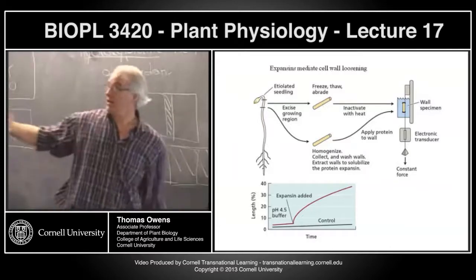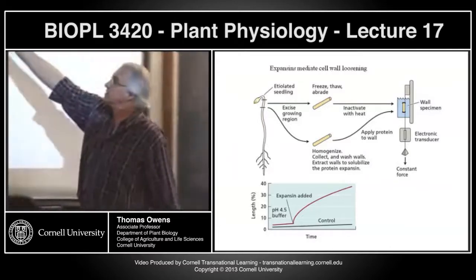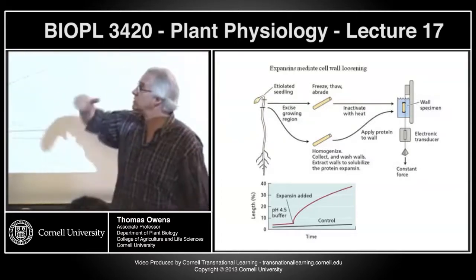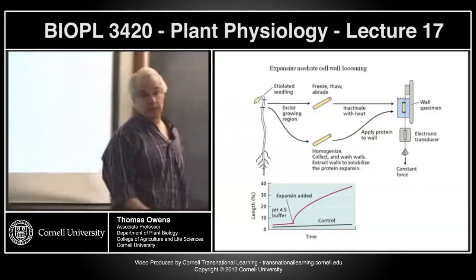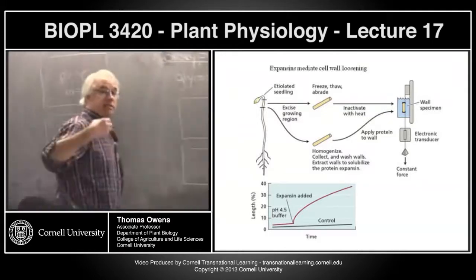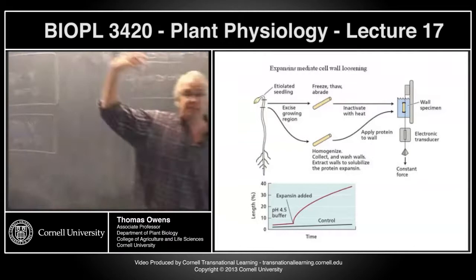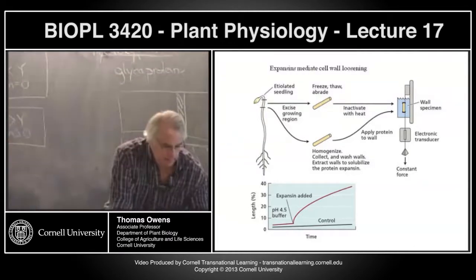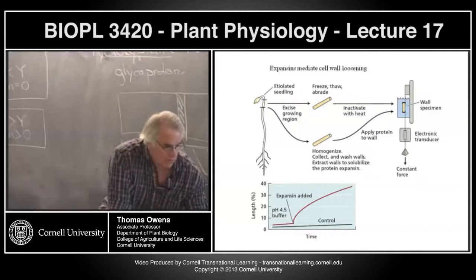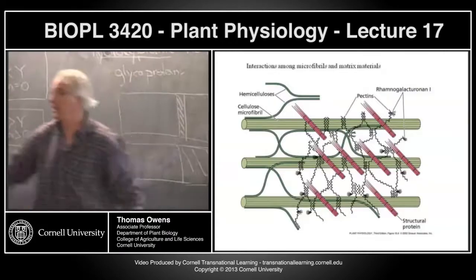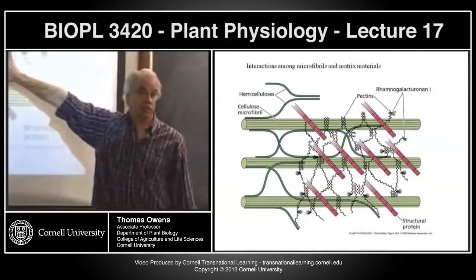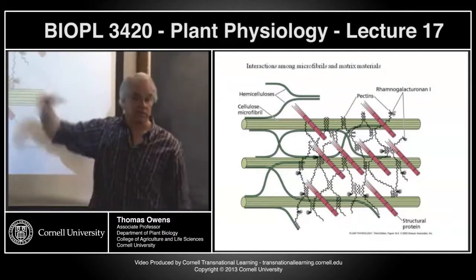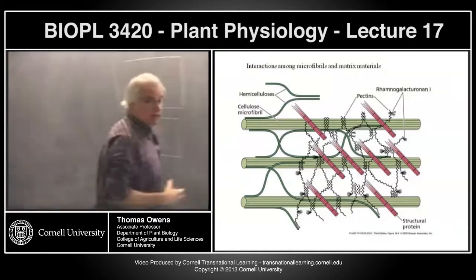And by trying to run through all the proteins that are present here and separating them out to see which ones do that, they found that there's this group of proteins that are called expansins. Expansins are proteins that are released into the cell wall that are basically regulating the interactions here, decreasing some of these non-covalent interactions that allows the walls to expand.